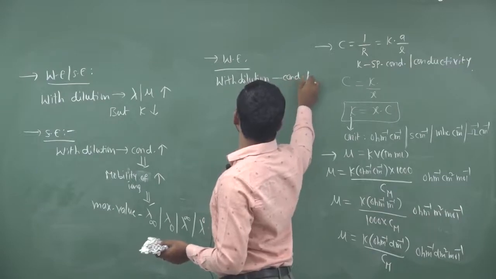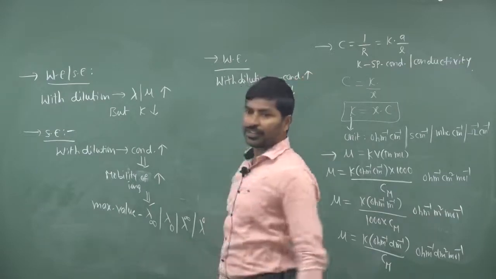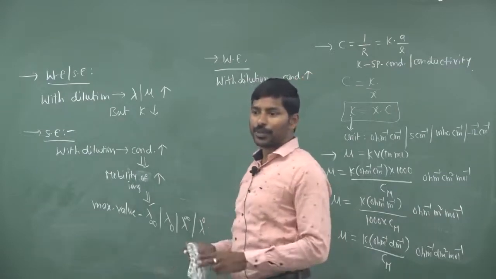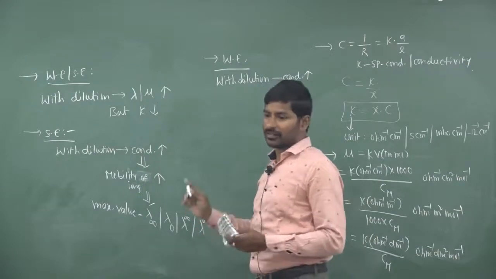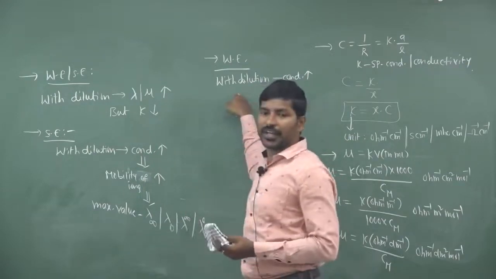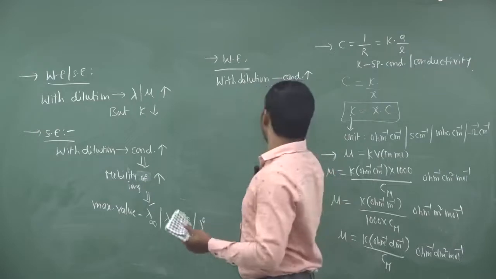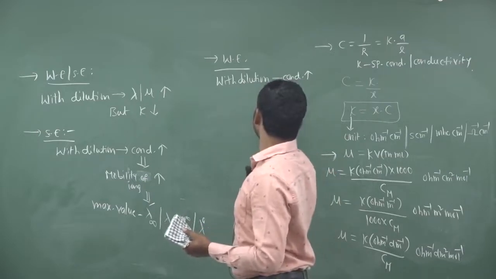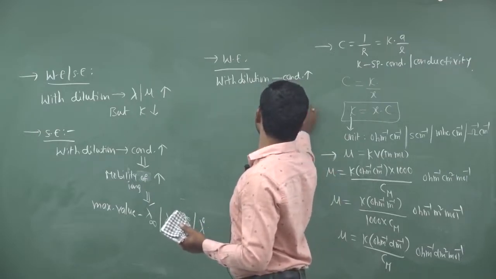The conductance increases due to increase in the number of ions. With the dilution, degree of ionization alpha increases, and that means number of ions increases.